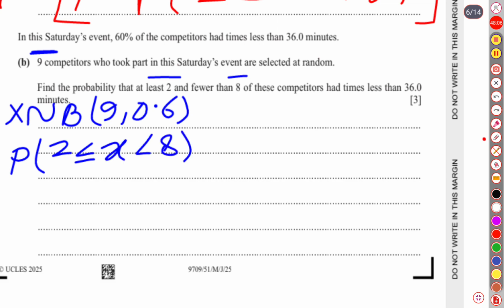So what does this scenario mean? There are total 9 competitors. Among the 9 competitors there should be at least 2, that means it cannot be 1, it's 2 onwards. At least 2 means 2 onward, so it will be more than 1.